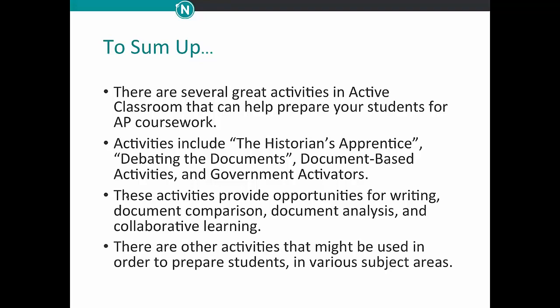And then, as I mentioned, there are other activities that might be used to prepare students in various subject areas. So what I would suggest is that, as you have time, maybe the rest of the school year, or possibly during the summer, as you think about what you're going to do with your courses next school year, just take some time and play around with Active Classroom and see what's there.